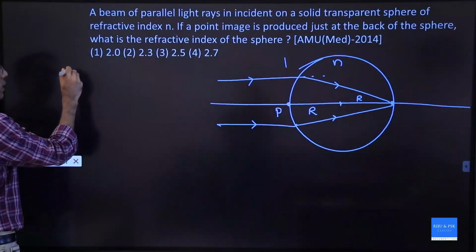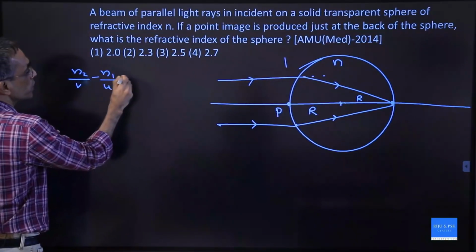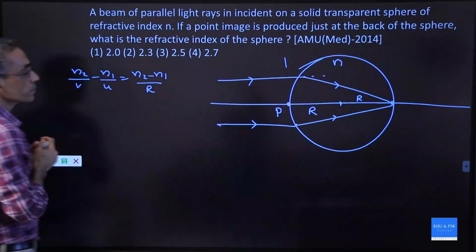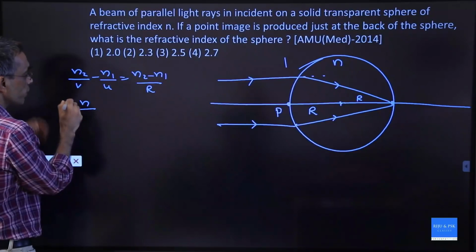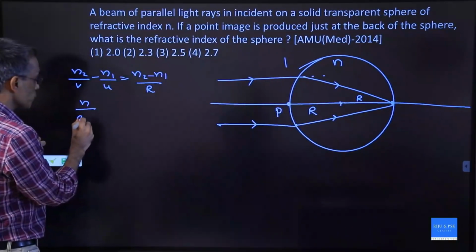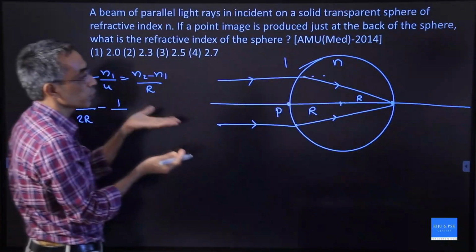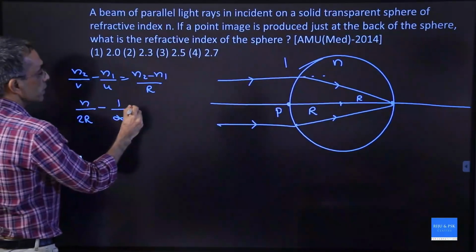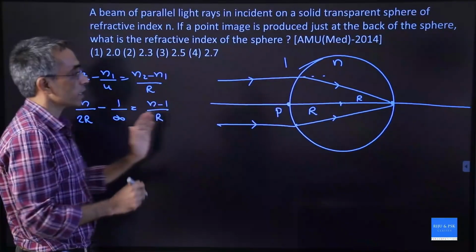We have the equation n2 by v minus n1 by u equals (n2 minus n1) divided by r. n2, the second medium, divided by v, the distance from here to there, is 2r. So that is n2 by 2r minus n1, the first medium, by u. What is u? Parallel light rays means the rays are coming from infinite distance, equal to (n minus 1) divided by r. R is again positive.